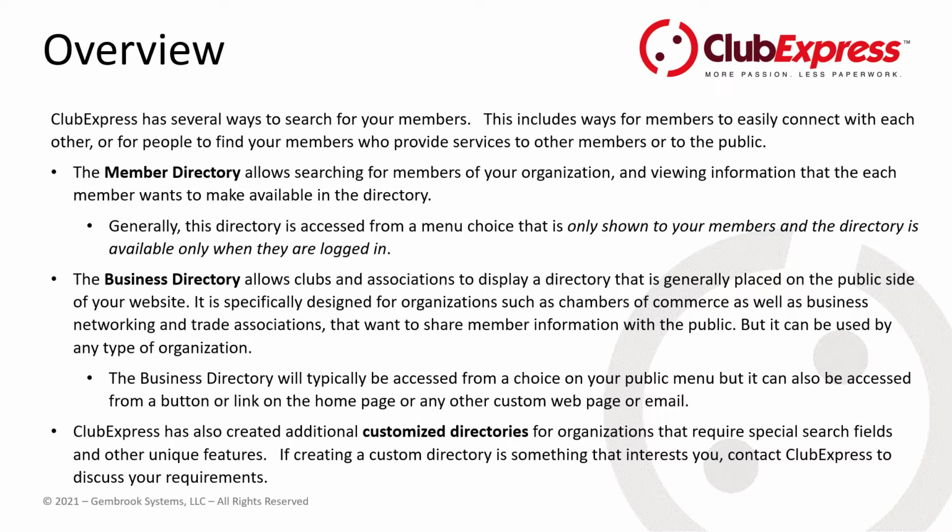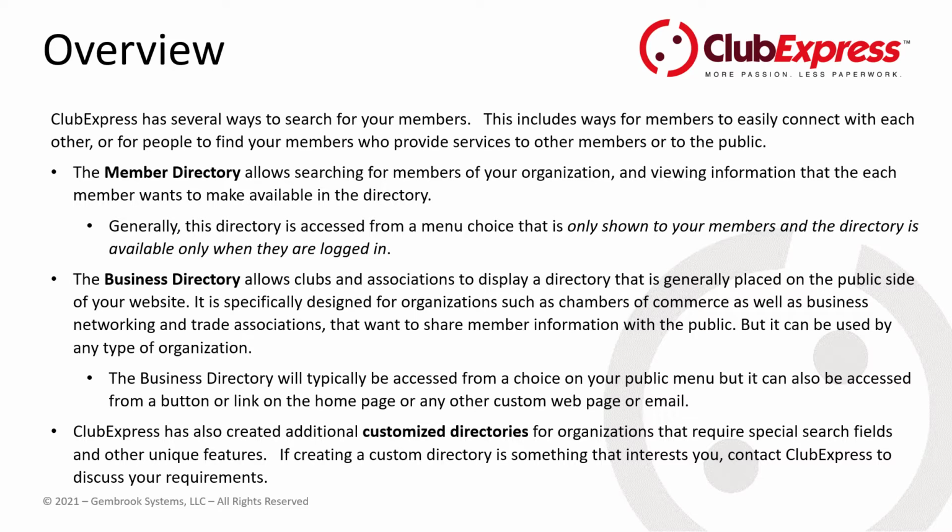The member directory is all about your members, and it allows searching for your members of your organization and viewing information, but only the information that the member wants to make available in the directory. So this directory is usually done as member to member. This is generally not put on the public side of the website.